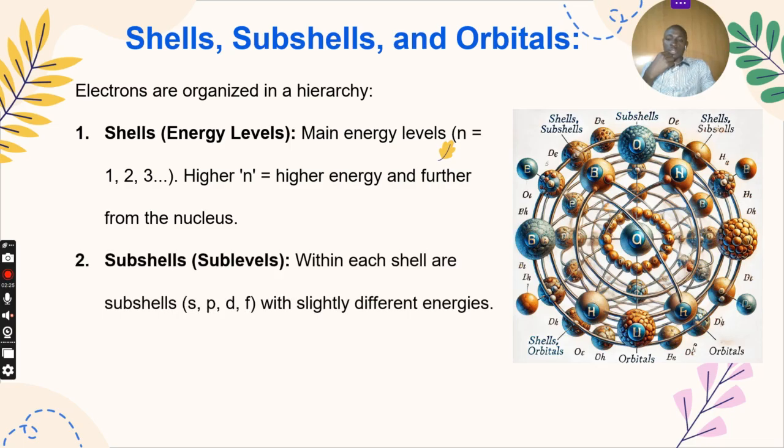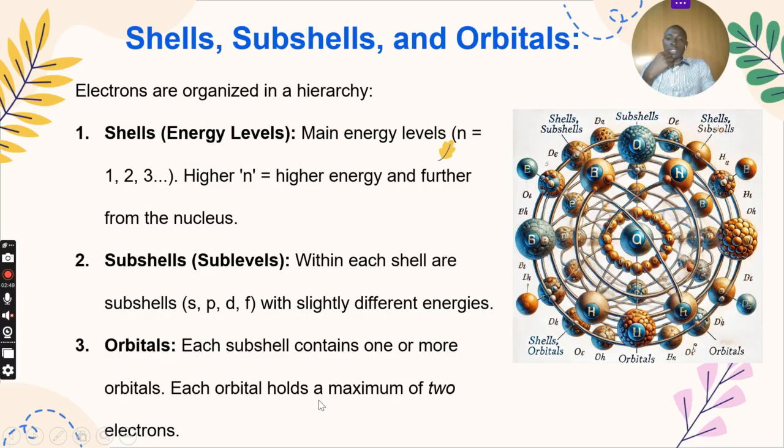Okay, subshells are otherwise called sub-energy levels. They exist within shells, within the main energy levels, and they are called s, p, d, f. They are also called orbitals. s, p, d, f are also used to represent orbitals, as we will soon explain.